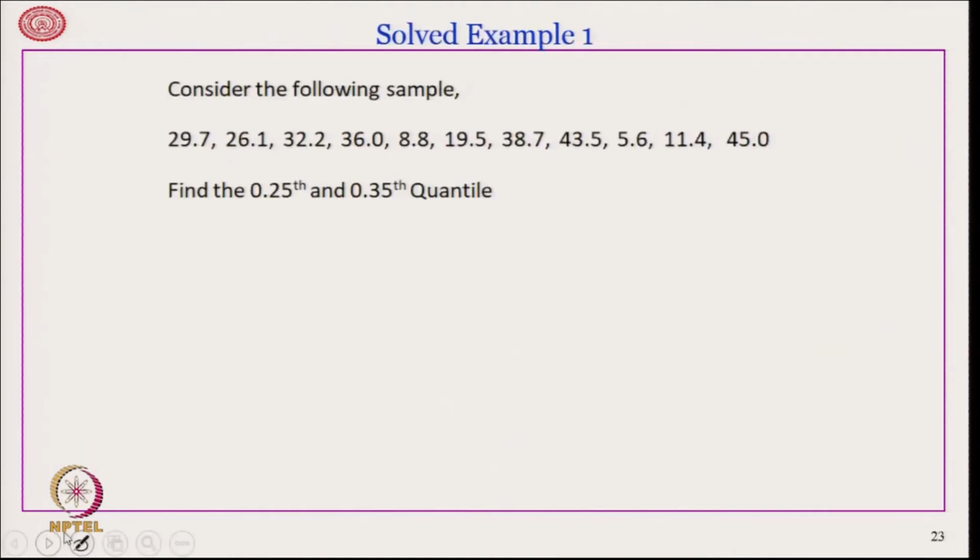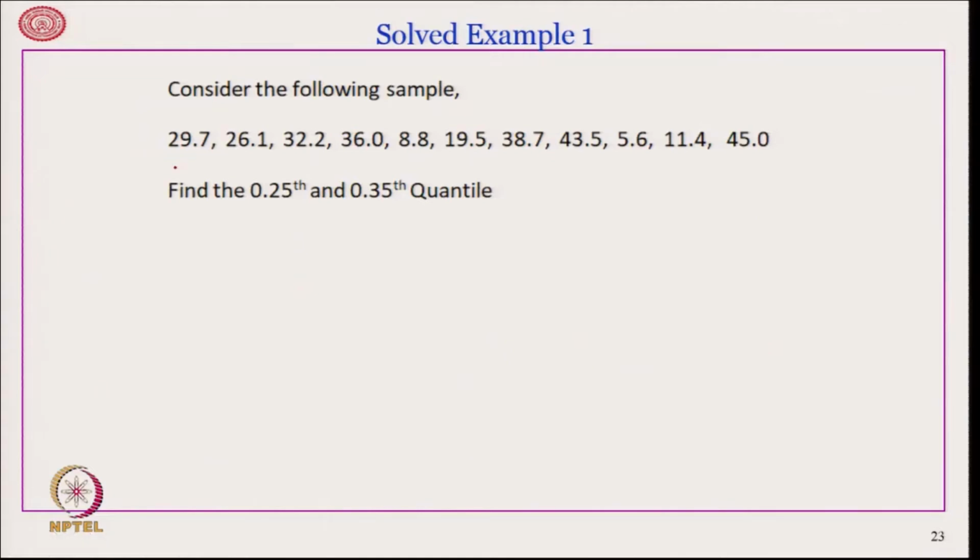So, let me give you an example. Suppose I have observed this set of data. There are 11 observations: 1, 2, 3, 4, 5, 6, 7, 8, 9, 10, 11. What does it mean? Suppose this is a set of possible values, and we have considered 11 observations from this line.